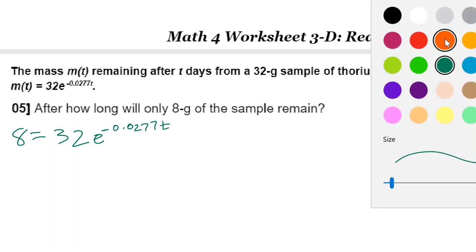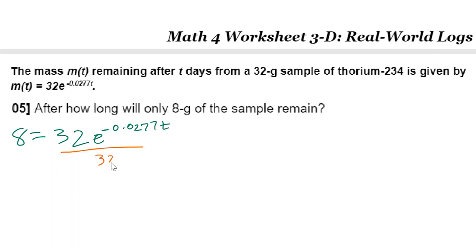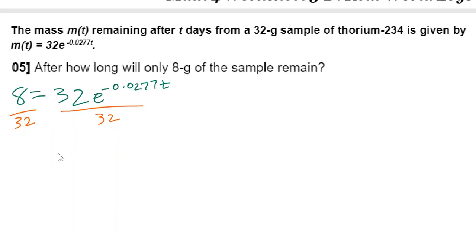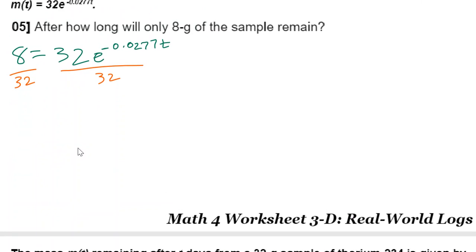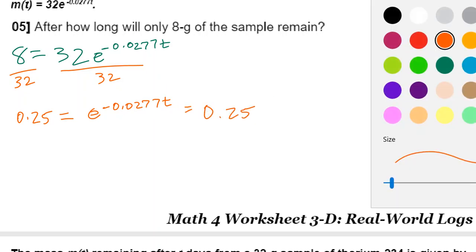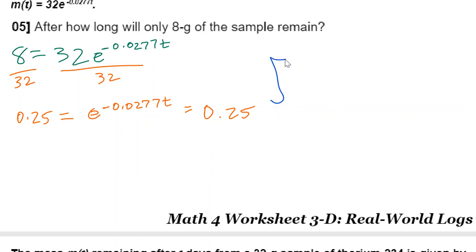If I divide both sides by 32, then I've got basically 0.25 over here equals e to the negative 0.0277 t, which I'm going to want to rewrite as a logarithm, log base e.